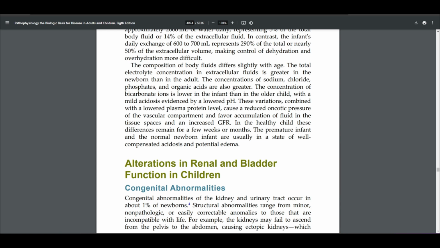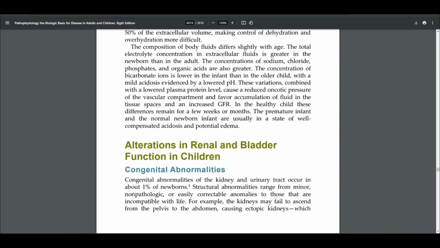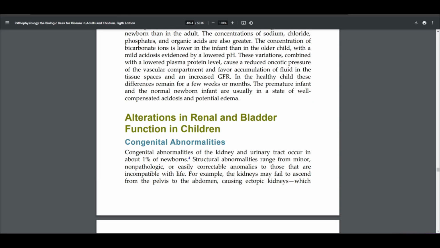The variations, combined with lowered plasma protein level, cause a reduced oncotic pressure of the vascular compartment and favor accumulation of fluid in the tissue space, and an increased GFR. In the healthy child, these differences remain for a few weeks or months. The premature infant and the normal newborn infant are usually in a state of well-compensated acidosis and potential edema.